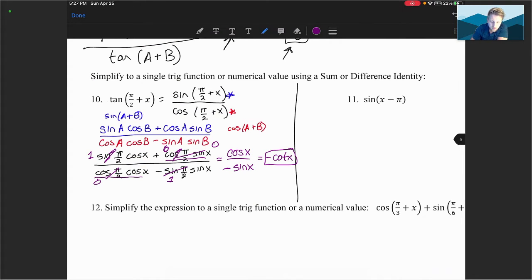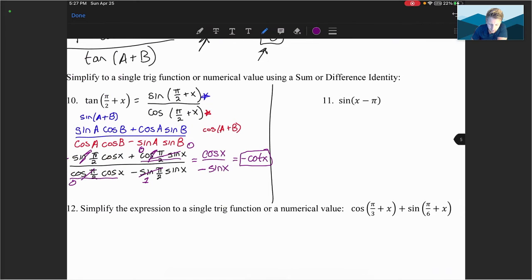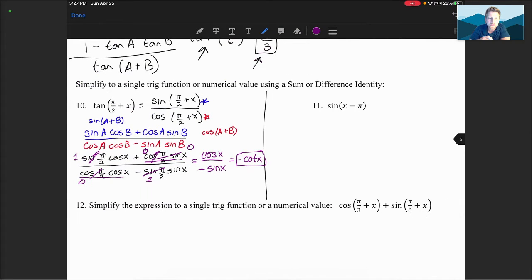So let's take a look at number 11 as well. Number 11, we have a difference of sine functions to start. So sine x minus pi. So let's just recall our difference of sine functions.